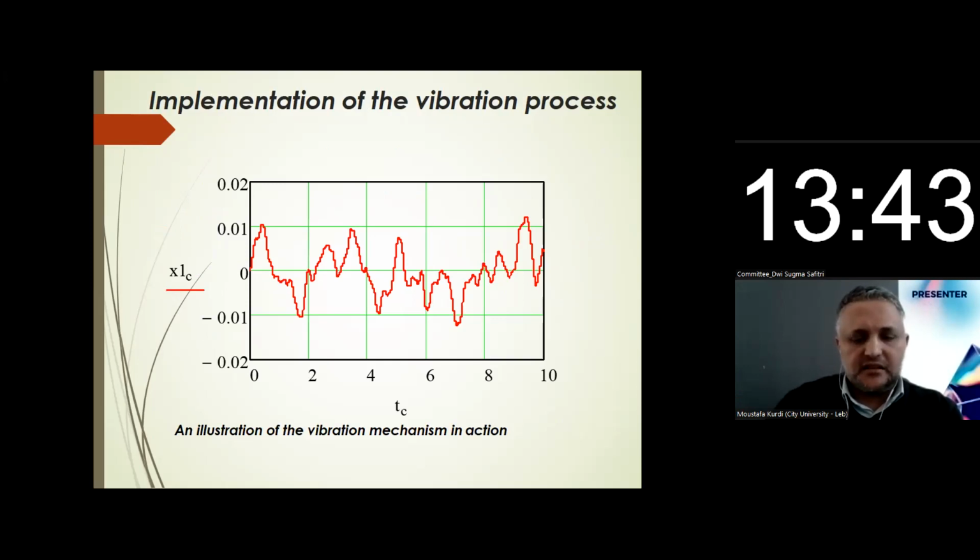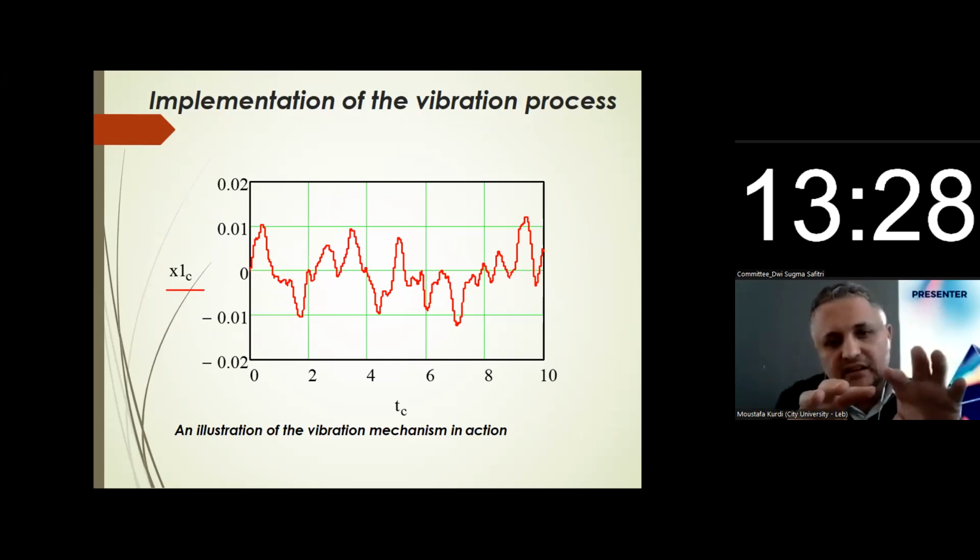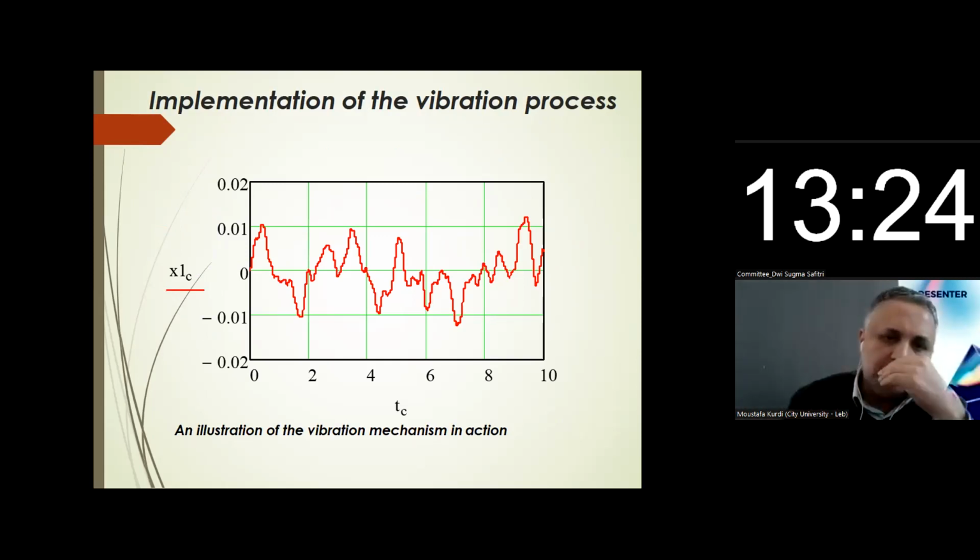This is a figure of our simulations, an illustration of the vibration mechanism in action, starting from 0 and ending at 0. The maximum will be 0.1 and the minimum is -0.1, a homogeneous figure for our vibration.